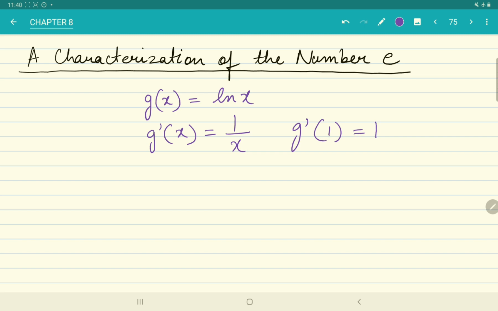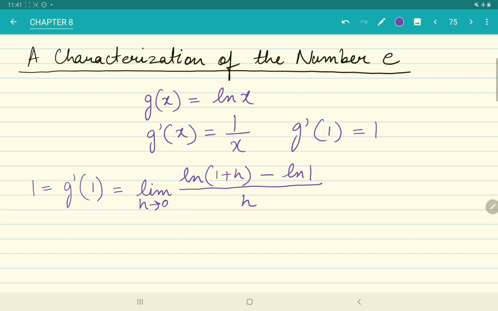Now what I do is I use the definition of g prime 1 given the fact that g of x is equal to ln x, and also I can write 1 is equal to g prime 1, and now I use the definition of g prime 1. That means I can write limit h tending to 0 ln, instead of x plus h I write 1 plus h, minus ln 1, divided by h.